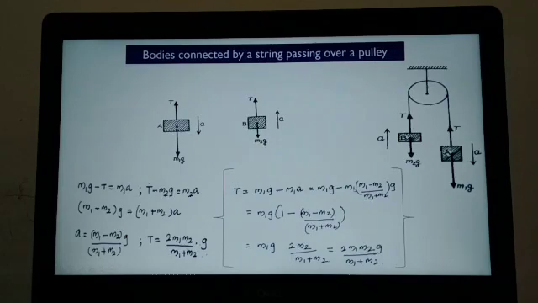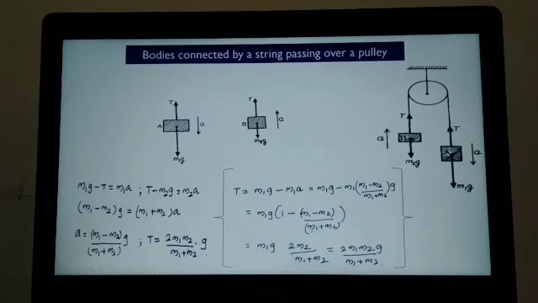Then M1G is there and here also M1G is there. That M1G you can take as common. So M1G into 1 minus (M1 minus M2) divided by (M1 plus M2). Okay, now you can cross multiply there. When you are cross multiplying M1G will remain there. M1 plus M2 will come there, minus of M1 minus of minus M2 that will become plus M2.